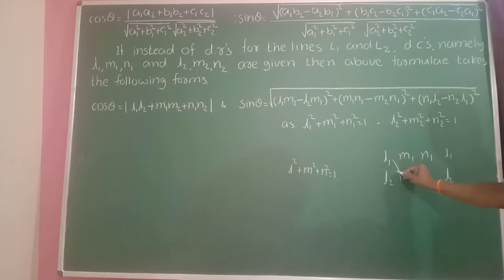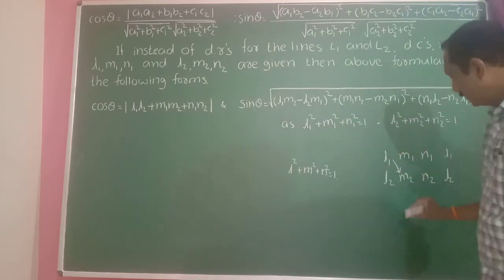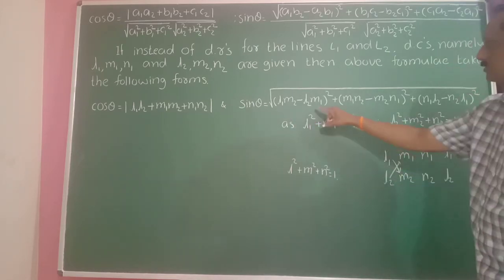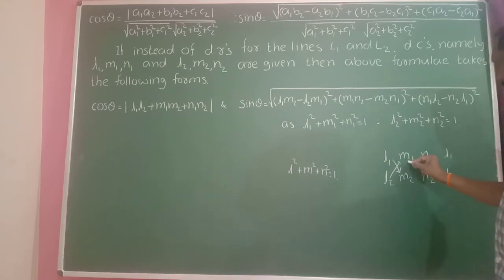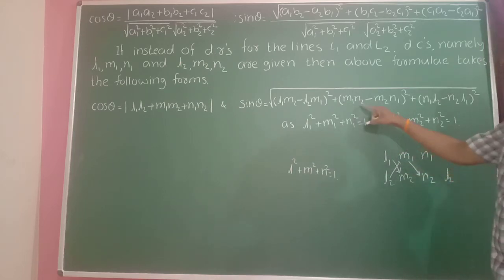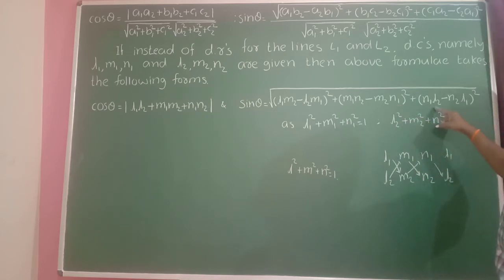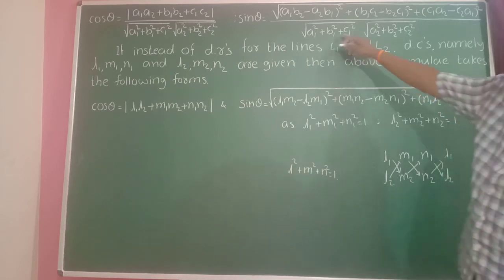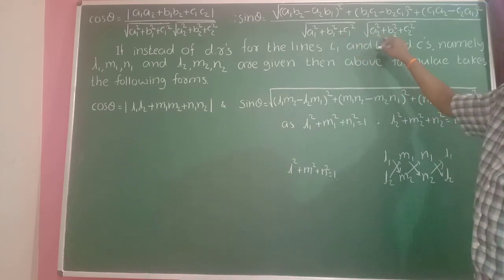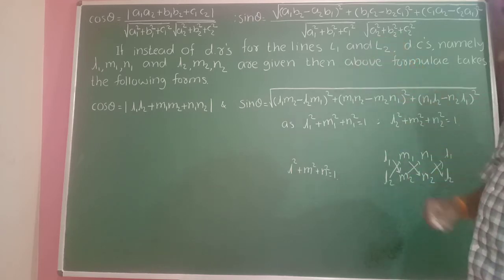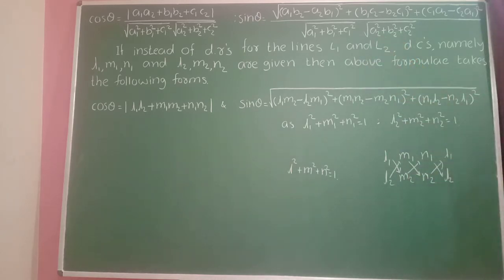So (l1 m2 − l2 m1)² + (m1 n2 − m2 n1)² + (n1 l2 − n2 l1)². Again, this denominator becomes 1. So these are very important combinations.